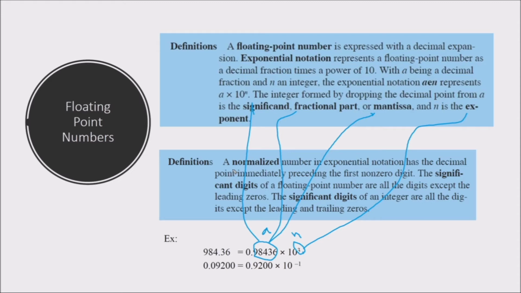Alright, so the normalized number in exponential notation has a decimal point immediately preceding the first non-zero digit. So what I mean is, if it is like this, obviously you have to have this form right here. This is the normalized form, and 10 to the power minus 1. Why? What you have to do is not multiply by 10, actually divide by 10, right?